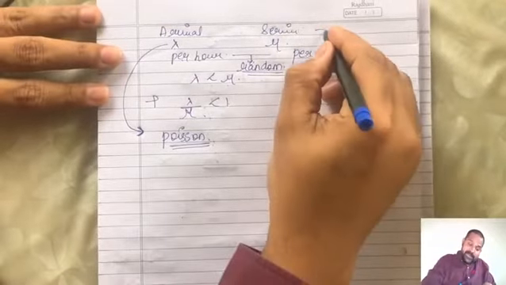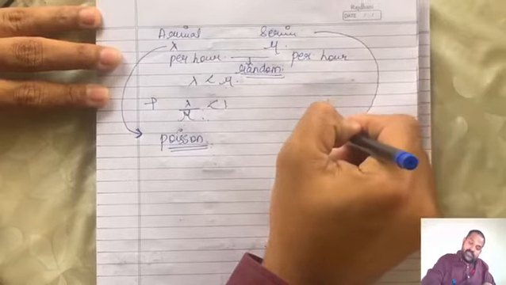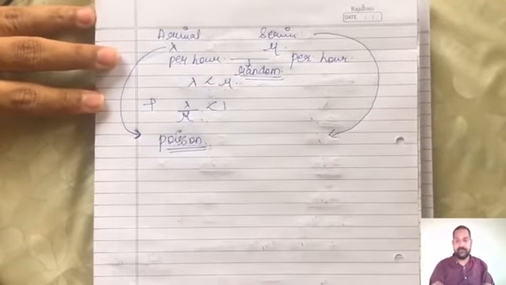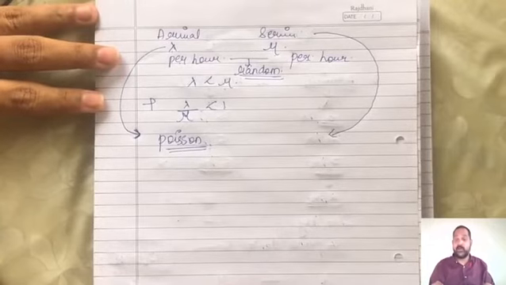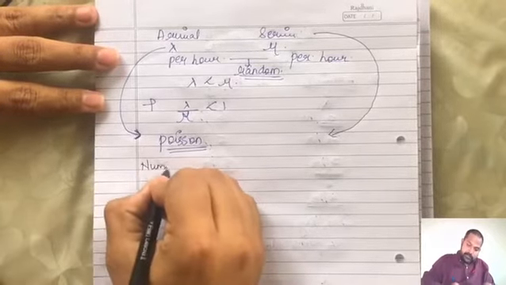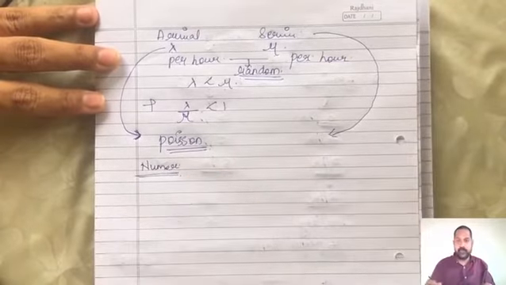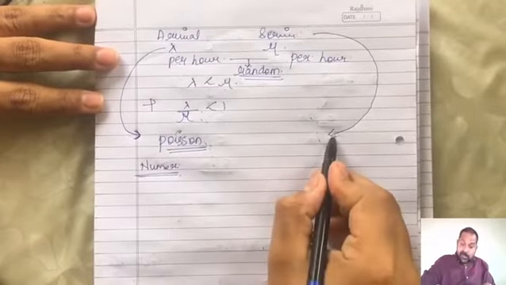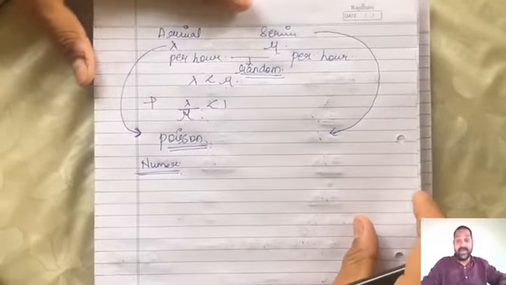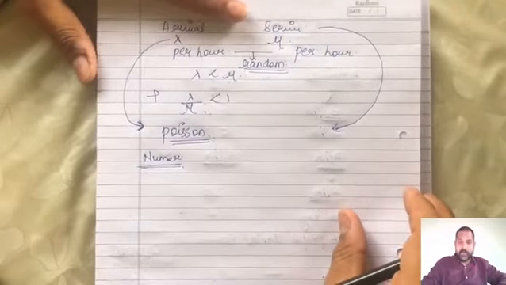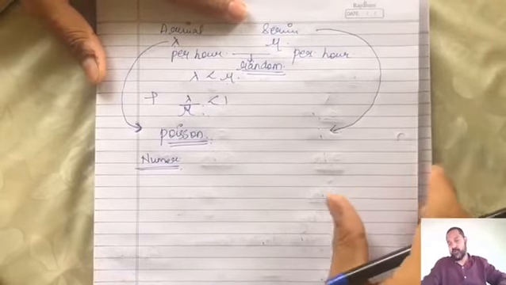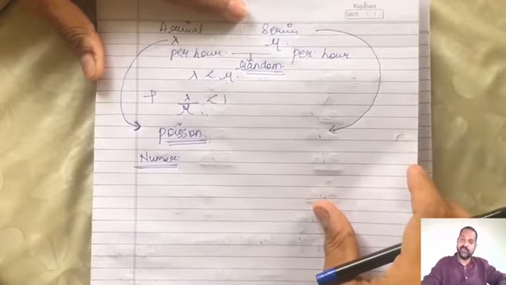At the same time, in service, we don't study how many people are getting service every hour. Here in arrival we are dealing with number. In service, we don't try to understand how many people take service per hour. We try to understand what time it takes for a person to take service.